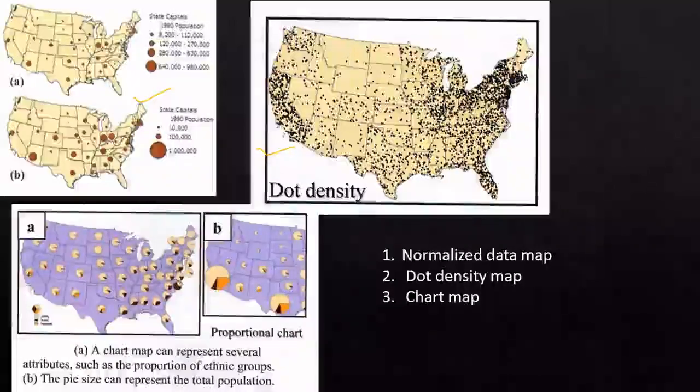Okay. So for example, if this is the population, see, these both maps are similar maps. So this map is a chart map, and this is a dot density map.